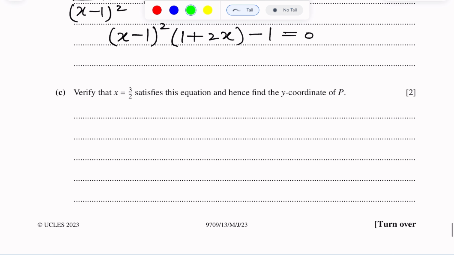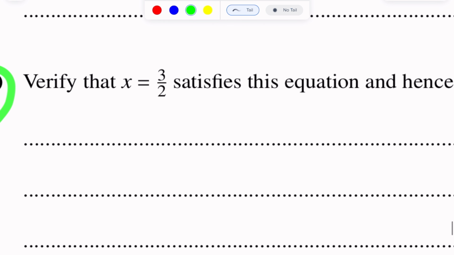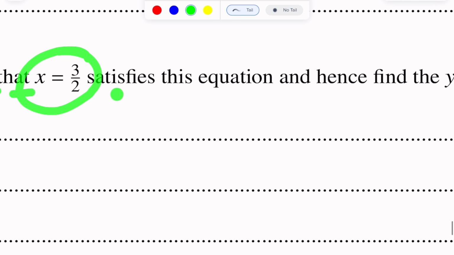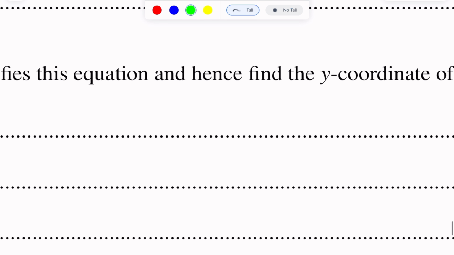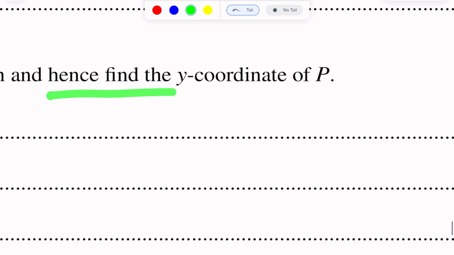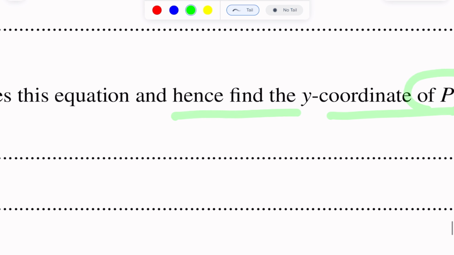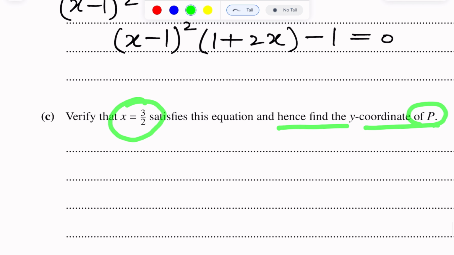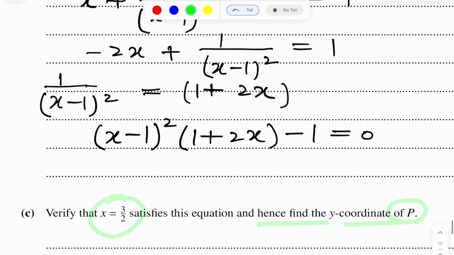Now the next part of the question, part C: verify that x is equal to 3 over 2 satisfies this equation and hence find the y coordinate of P. We have to verify that x is equal to 3 over 2 satisfies the above equation.